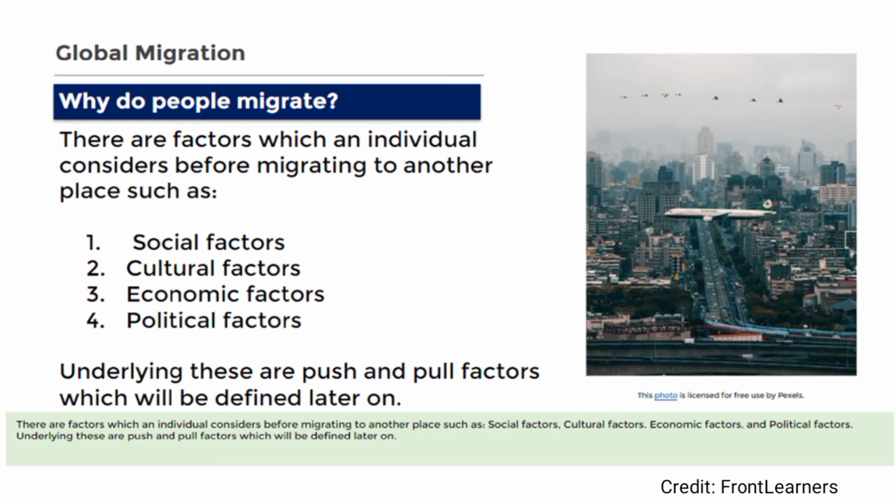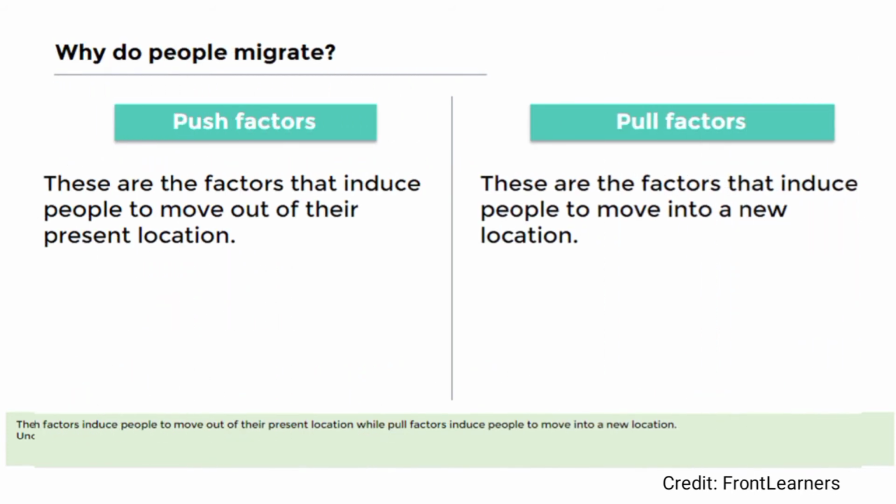Underlying these are push and pull factors, which will be defined later on. When we say push factors, these are the factors that induce people to move out of their present location, while pull factors, these are the factors that induce people to move into a new location.